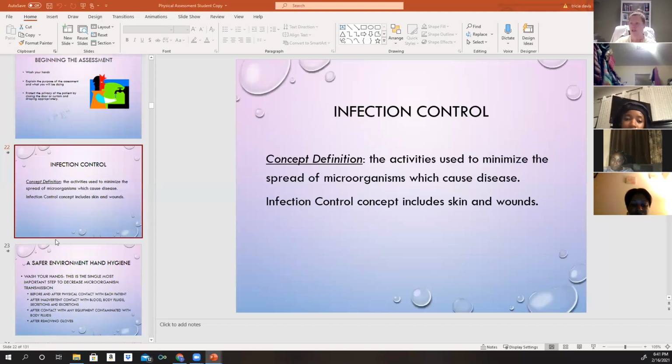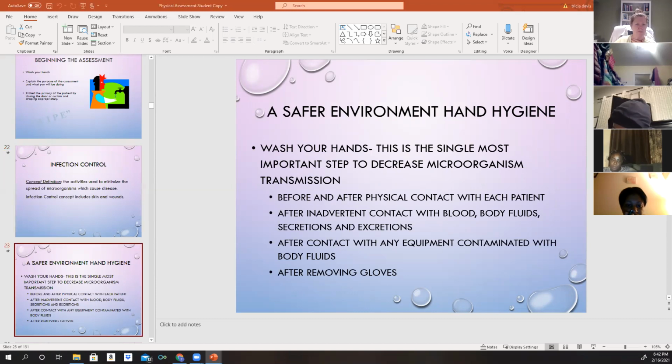So infection control. The activities used to minimize the spread of microorganisms which cause disease. Infection control concepts include skin and wounds, a safer environment, and hand hygiene. You guys are always going to hear about this, even when you become nurses. It's going to be all over the place where you work.